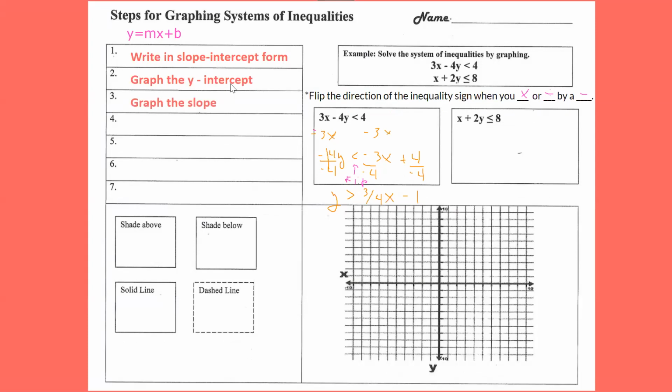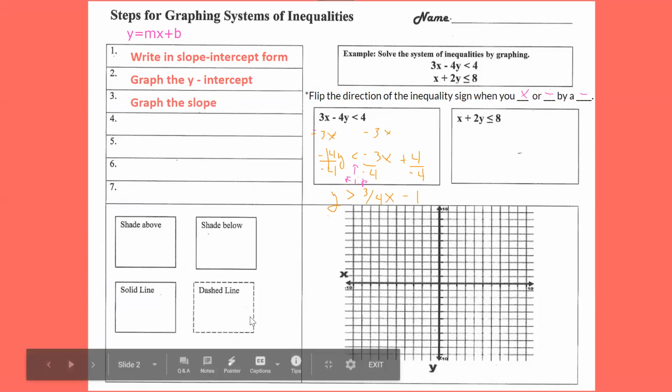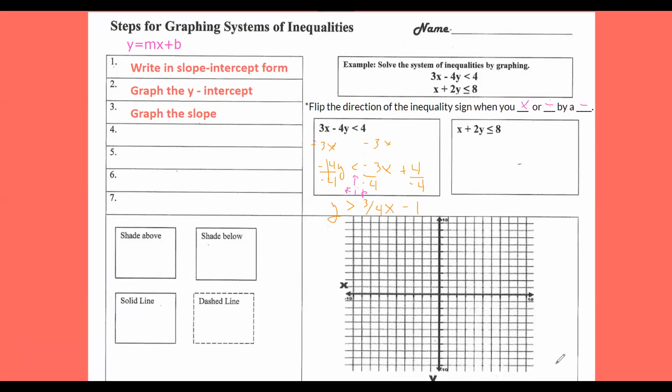We're going to graph the y-intercept and then the slope, just like we would normally do. My y-intercept is my negative 1, so I'm going to go down here. And then my slope is a positive 3/4. That means I go over 1, 2, 3, 4, and then I go up 1, 2, 3.